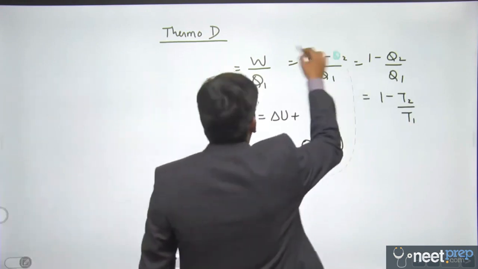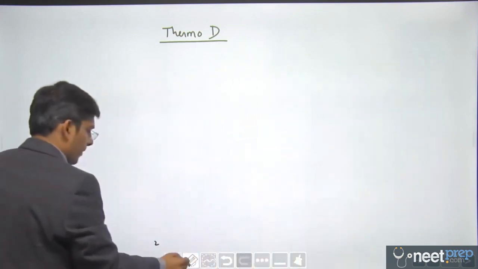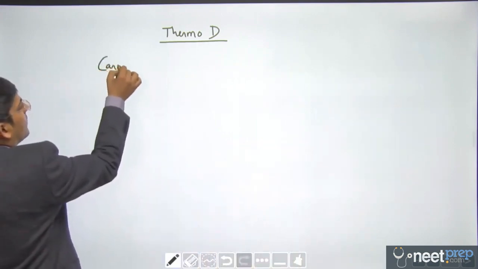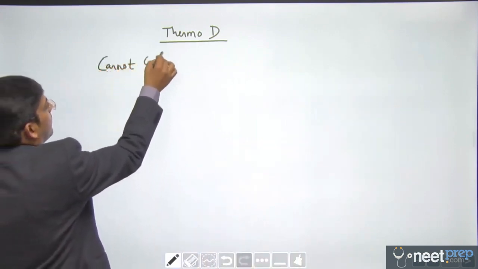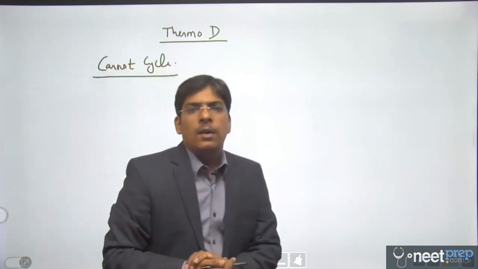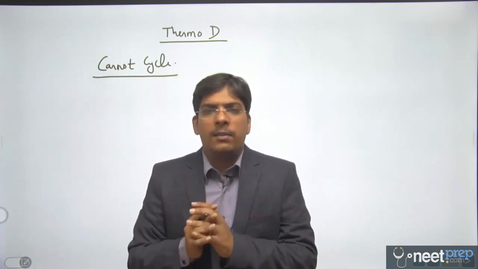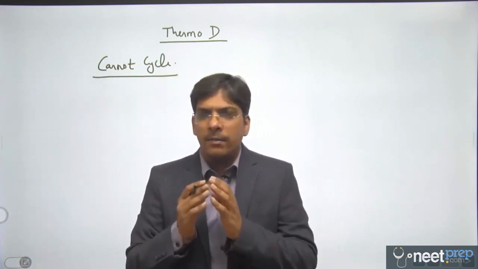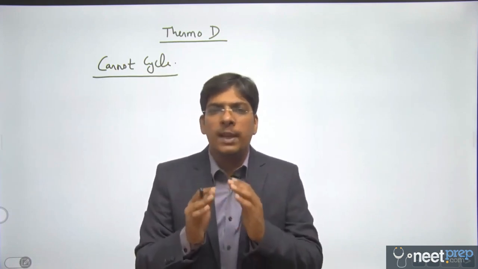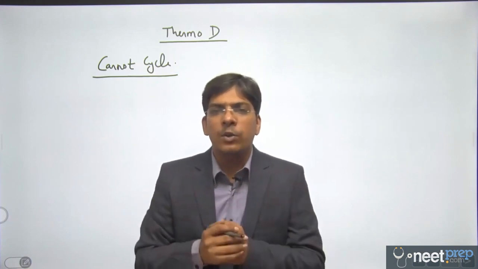Let us now discuss the Carnot engine or Carnot cycle. See, Carnot was a scientist. He said that if the working substance goes through the following steps, then the efficiency of the engine is going to be maximum.